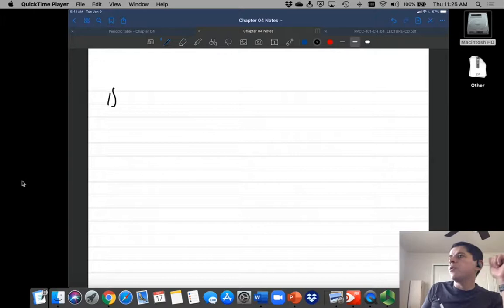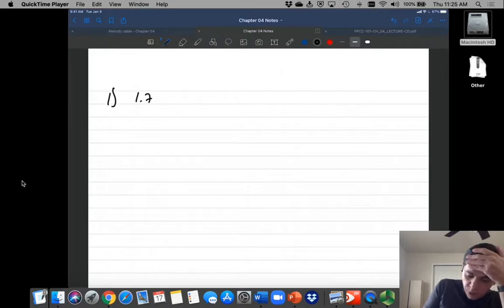For number 1, we have 1.7 moles of boron, and we want to make it into atoms of boron.